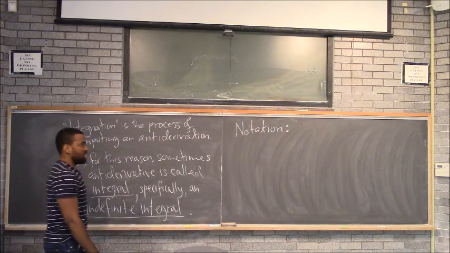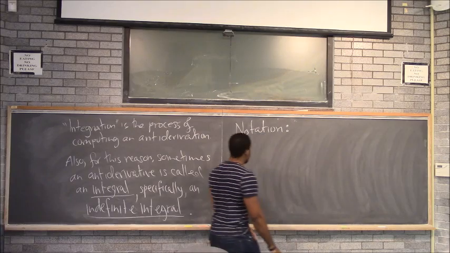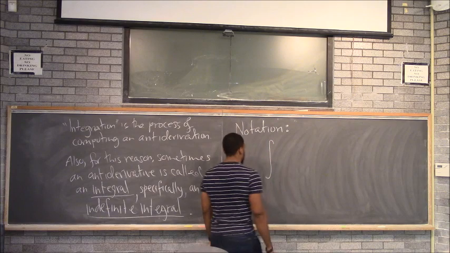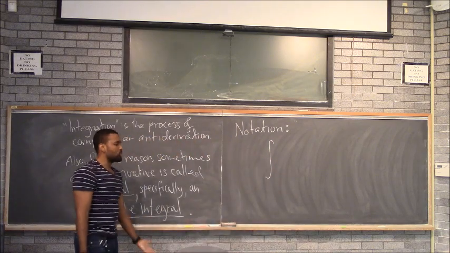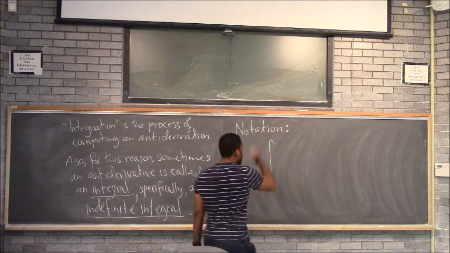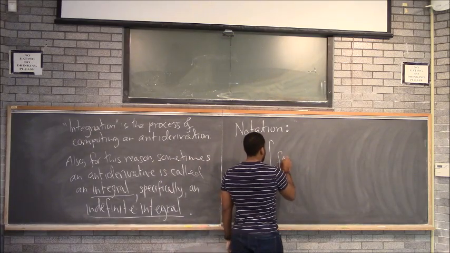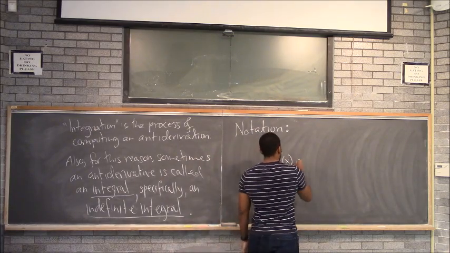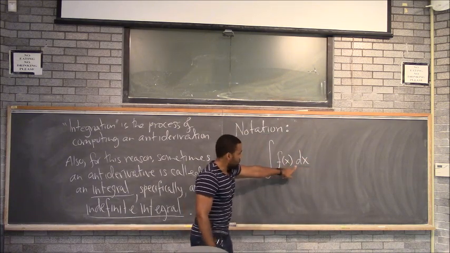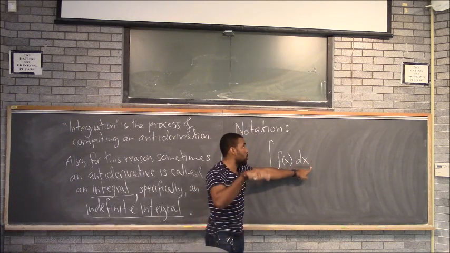Now, like the word integration, the notation that we use is going to become clear once I explain some other things to you. But the notation is the following. We have a very skinny, elongated S. There's a reason it's an S, and I'll tell you why it's an S before, but it's very elongated, very elaborate S. What I would do then is I would write the function beside this guy, and then I'll put a dx here. This dx is just like the differential of x, and you can think of him kind of as in the same role of dy dx.